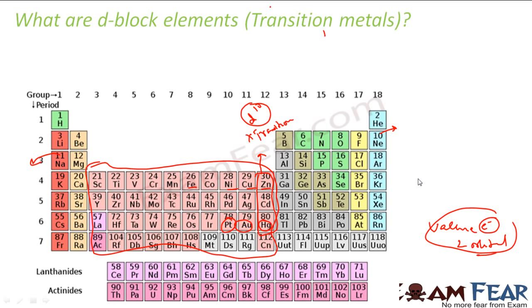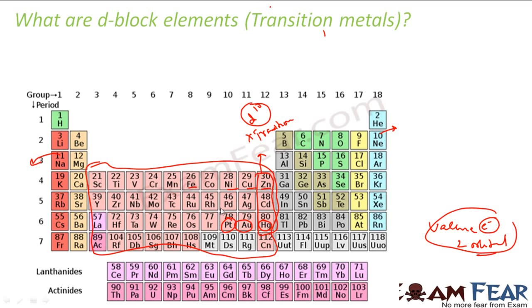We'll understand that. So they show variable oxidation states and they act as catalysts. They have colored ions, they form complexes, they have magnetic properties, they are hard, and they have high melting and boiling points. They are typically silvery, shiny, good conductors of heat and electricity. They are malleable and ductile also, if you talk about zinc or any of the elements. And they are typically found in compound state because they are reactive.